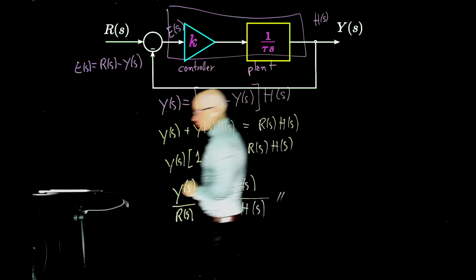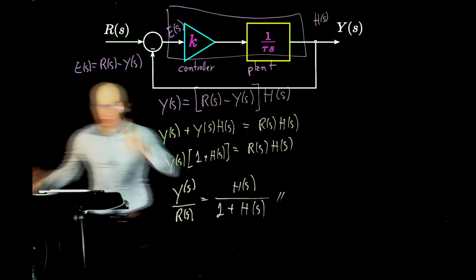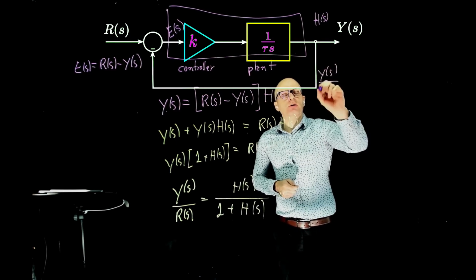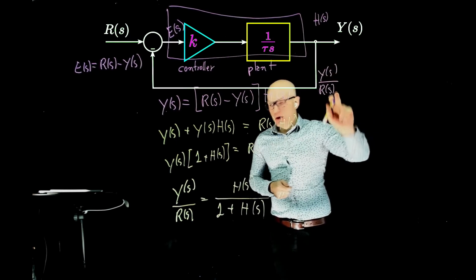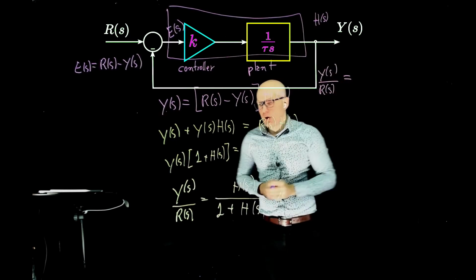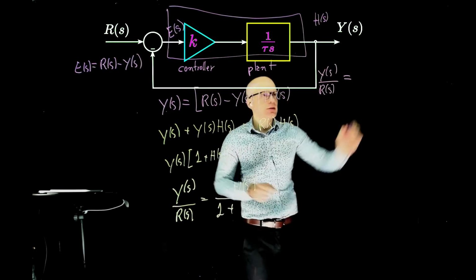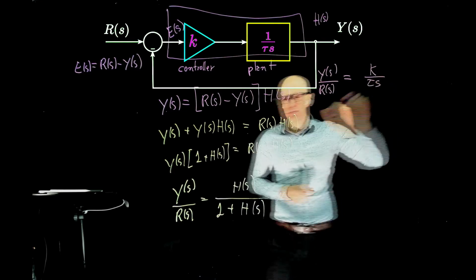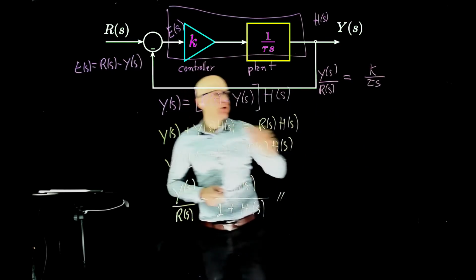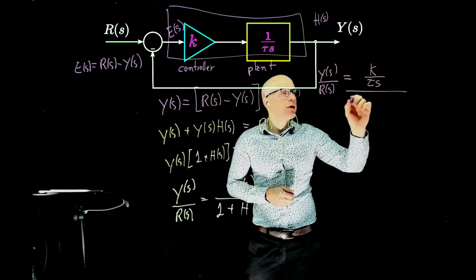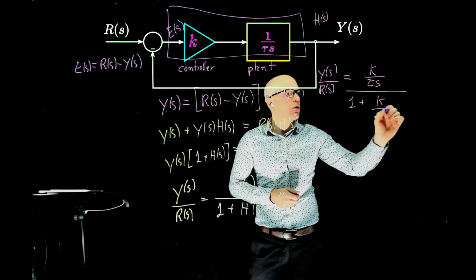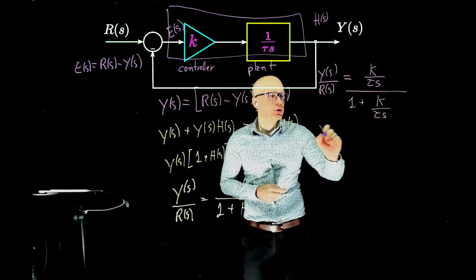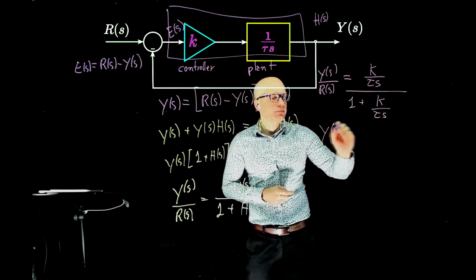Okay. So what is the closed loop transfer function for our system now? Well, we have y over r equals, what is h of s? Well, h of s is k divided by tau s, right? This function multiplied by that function. And this is divided by 1 plus itself, k over tau s. What can we do here? We can find a common denominator.